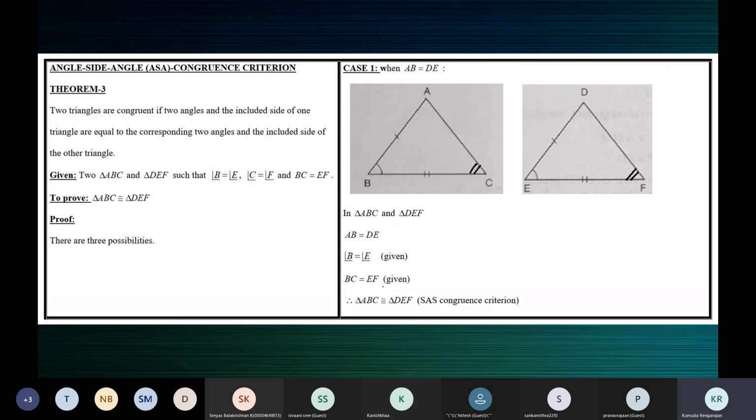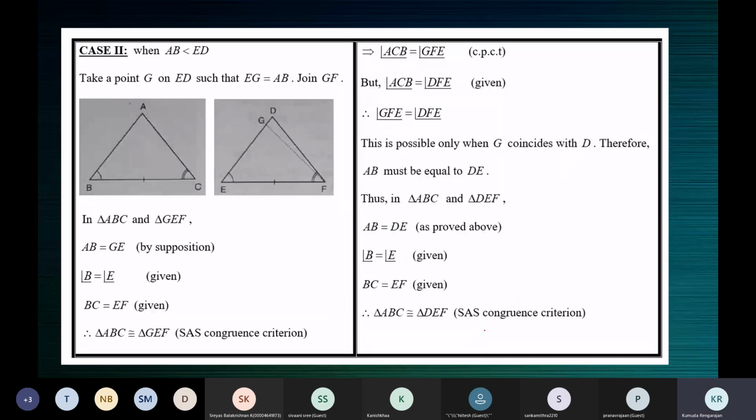You cannot write triangle ABC congruent to DEF by ASA. This is the proof for the ASA congruence criterion, so nowhere will you see the triangles are congruent by ASA.